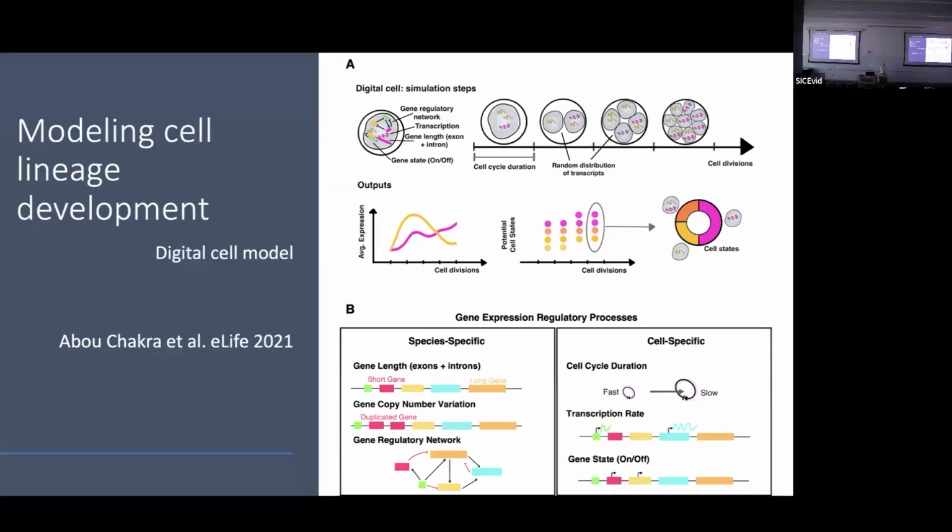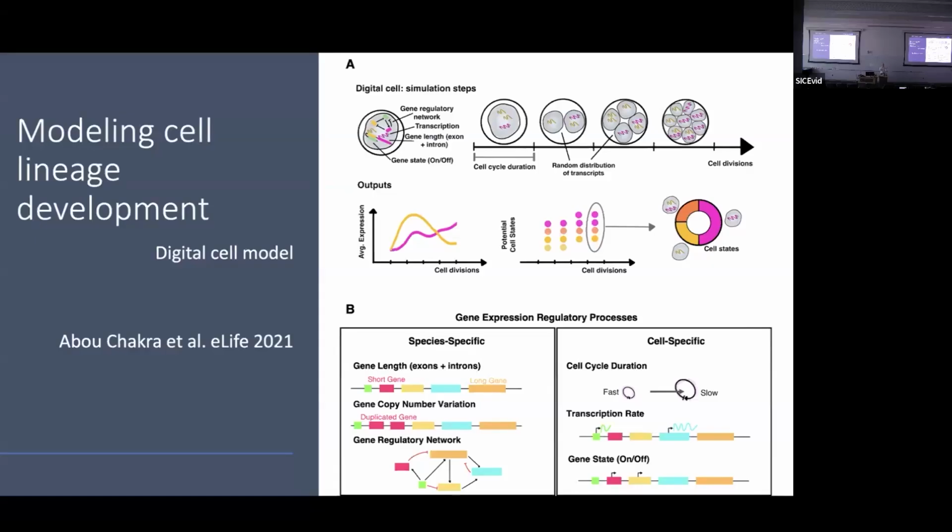And this is important for gene expression because when genes are expressed, transcription occurs as a linear process that has a particular rate, and it takes time. If you have a very long gene and a short cell cycle, you won't have time to finish transcribing that message before the cell divides.